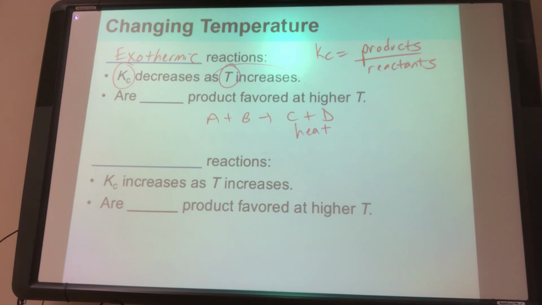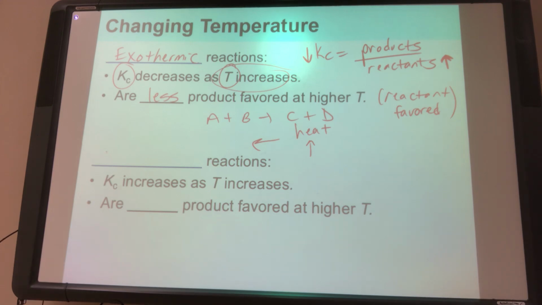If I increase the temperature, I shift away, I make more reactants. I make more of this bottom number, so this bottom number goes up. If this bottom number goes up, my Kc goes down. Because exothermic reactions are less product favored. They are reactant favored. And it's just summarizing everything we've talked about.